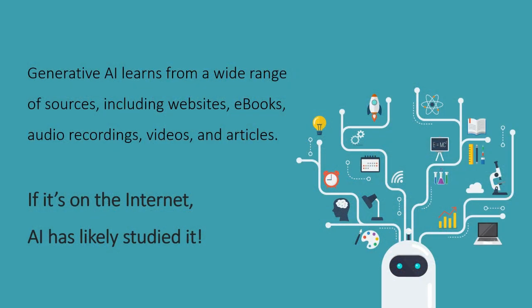Chatbots and other generative AI tools can produce realistic text, images, and even voices because they have learned from a massive amount of digital content. It picks up patterns from websites, ebooks, articles, videos, and audio recordings to understand how people communicate and create. As a general rule, if it's on the internet, there's a good chance that AI has learned from it.